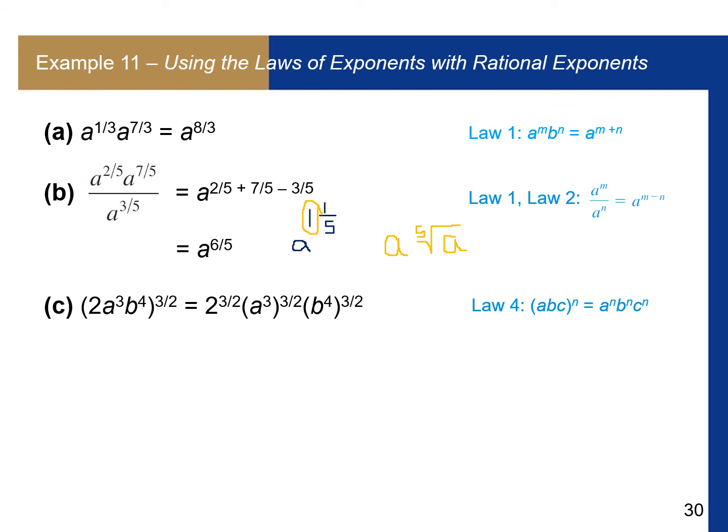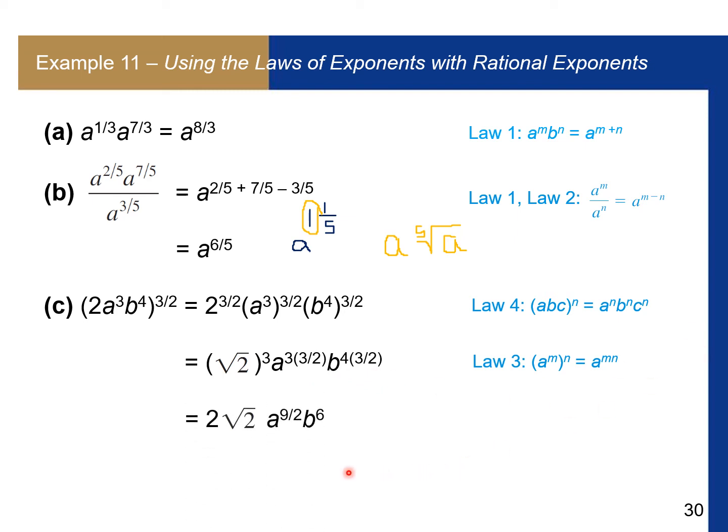Okay, so we have 3/2 on the outside, so that means I have to take my 2 to the 3/2 first. Then I'm going to multiply 3 times my 3/2 and then 4 times my 3/2 here. So I have the square root of 2 to the 3rd, a to the third, again 3/2, b to the fourth times 3/2, and I'm going to go ahead and do that multiplication, and I would have this.